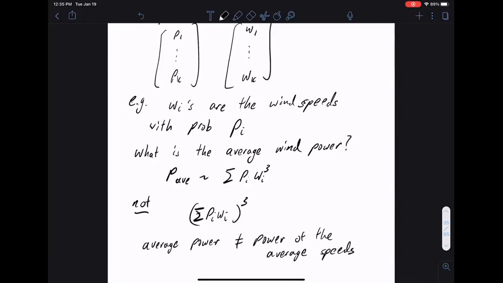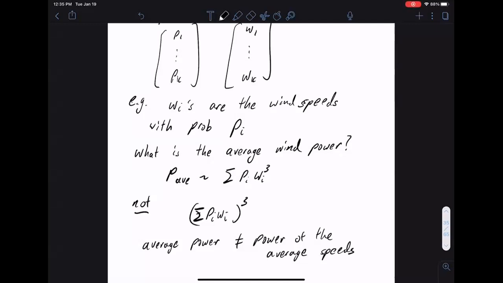So in that homework question, for example, you cannot compute the average speed first, then cube it and say that's the average power. It matters when you multiply by the probability and when you apply the function, for example, from speed to power. So just be mindful. If we're computing the average of some quantity, you have to compute the quantity first, then average. Any questions about this?